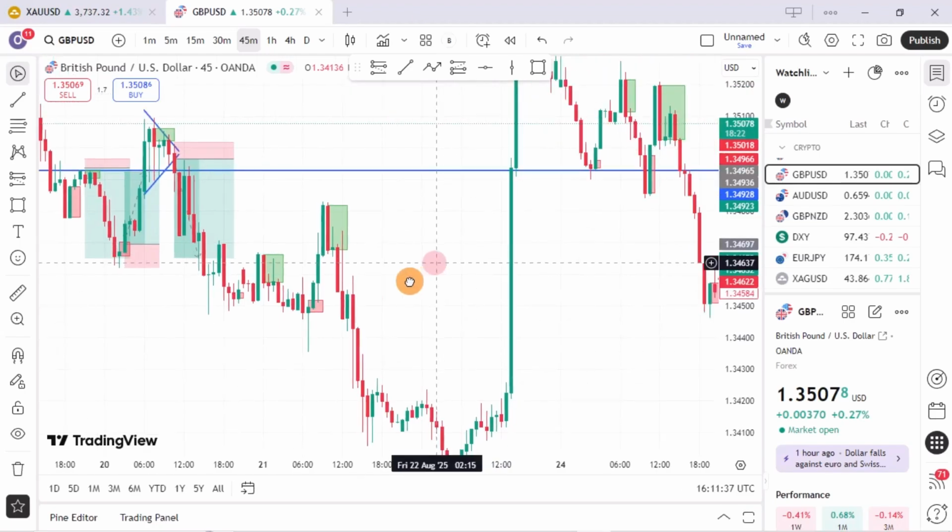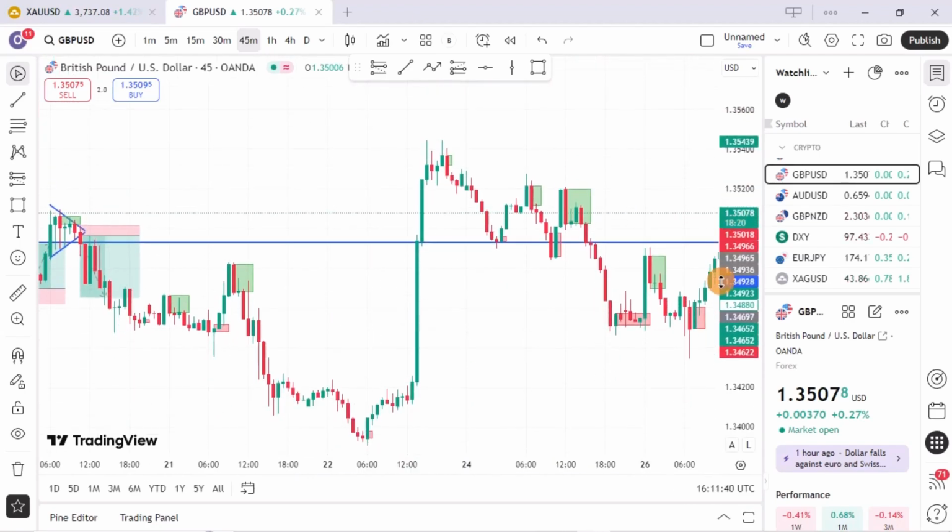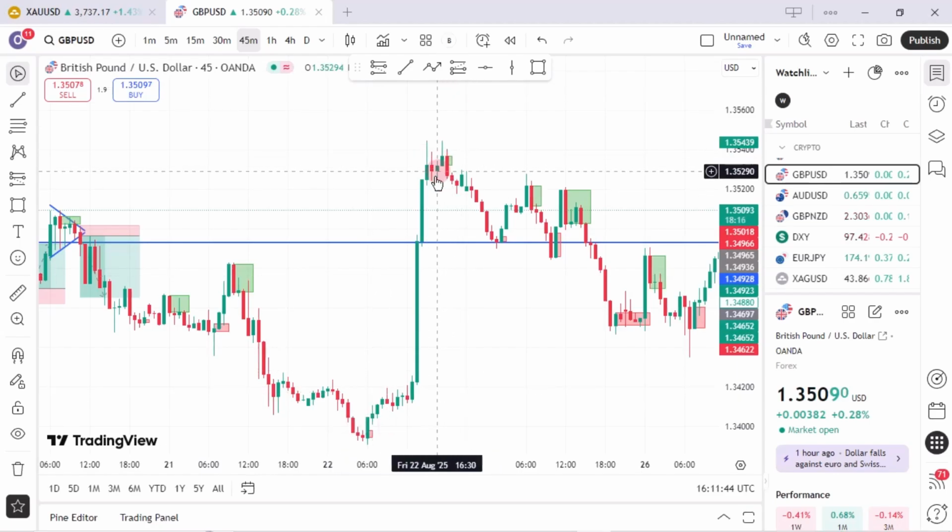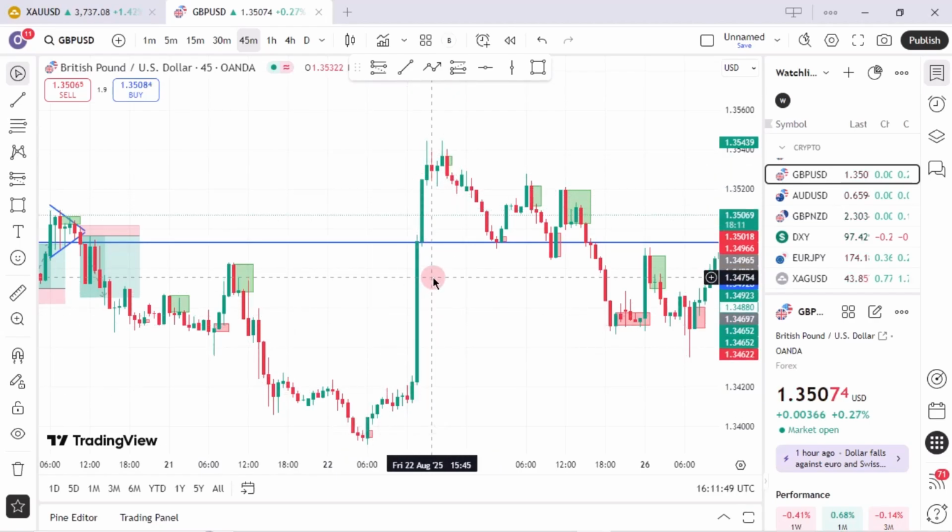So now another thing, I taught this in my previous video: whenever you see a big push, relax and don't rush, wait for it to finish the movement and then go the opposite direction. So when we see this big push here, don't rush and enter the market, just relax for it to end.